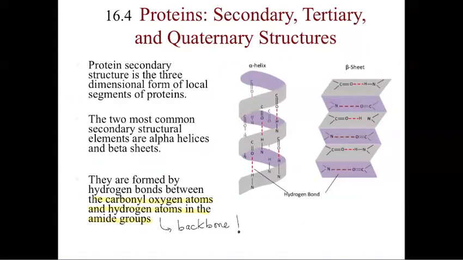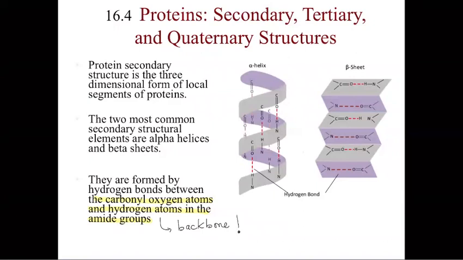And the other one is a beta pleated sheet, okay? And that's what you see on the right side of the image. Again, all of this comes from hydrogen bonds that are specifically happening with the backbone of your peptide bond. And these are the 2 shapes that your protein is going to adopt, okay?